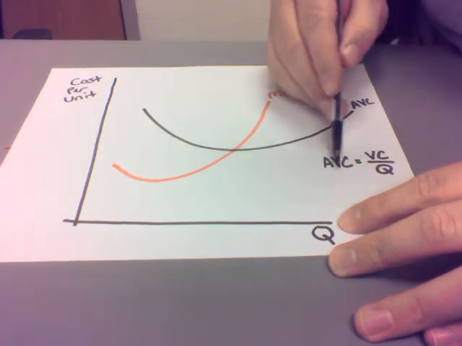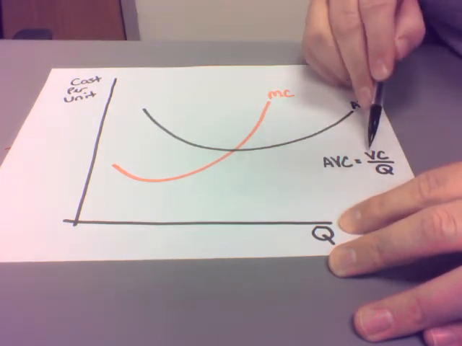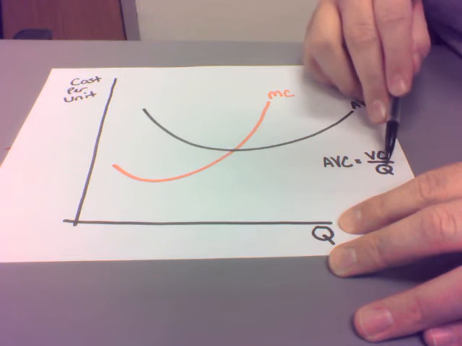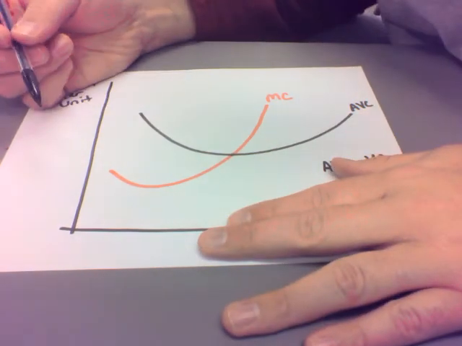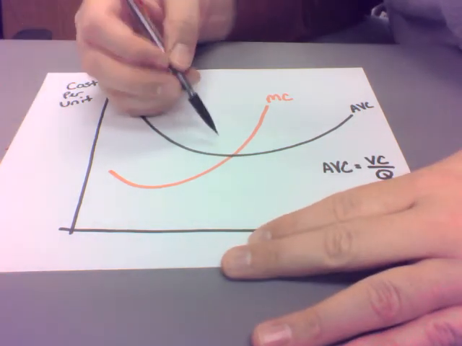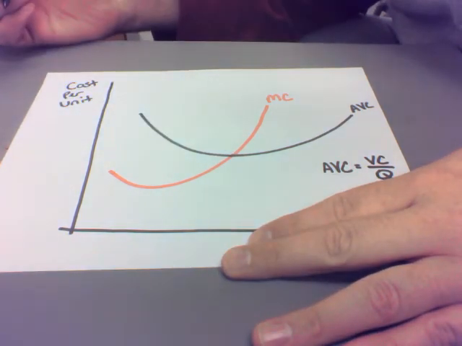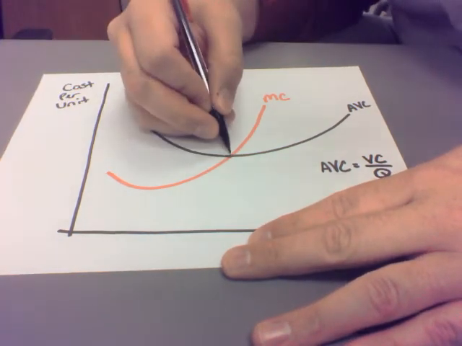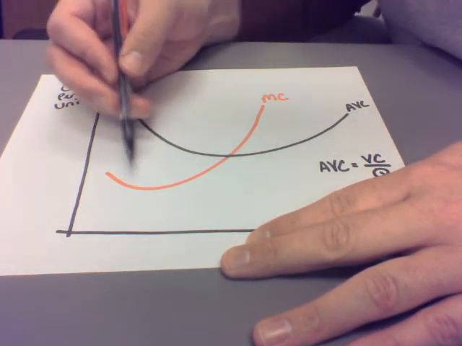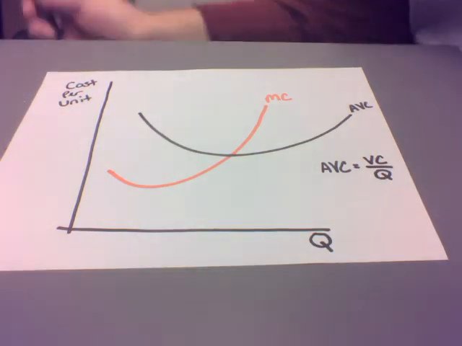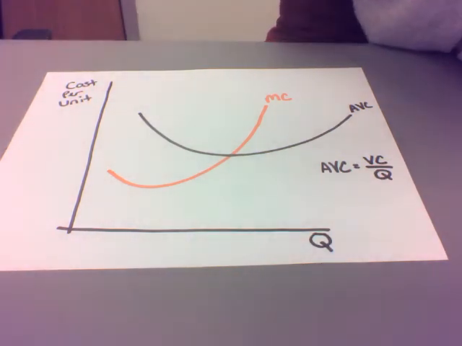So average variable cost is defined basically like it sounds. It's the variable cost divided by the total quantity of output. And so we can see that the minimum of this average variable cost curve is going to be found where this curve intersects the marginal cost curve. And the reason for this is basically the same reason: if you remember from our last lab period, we had a similar discussion for the average product curve and the marginal product curve.